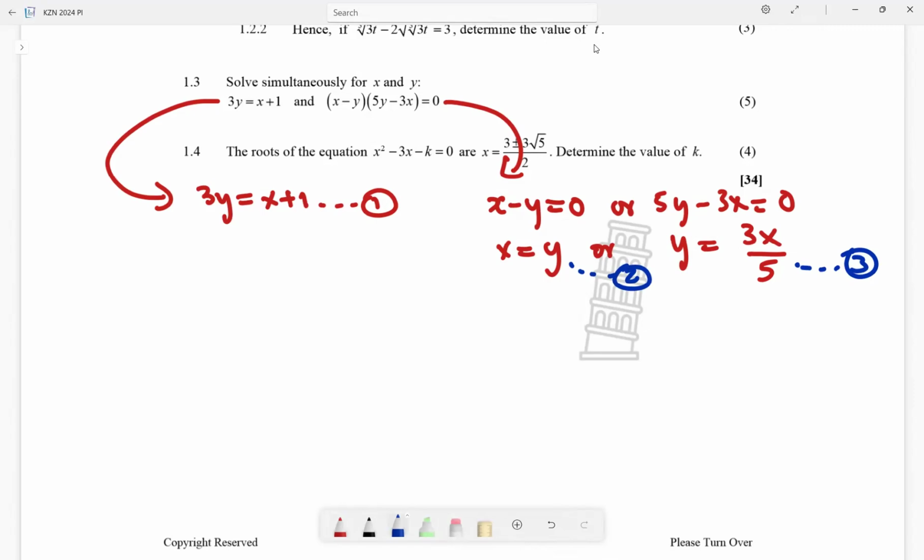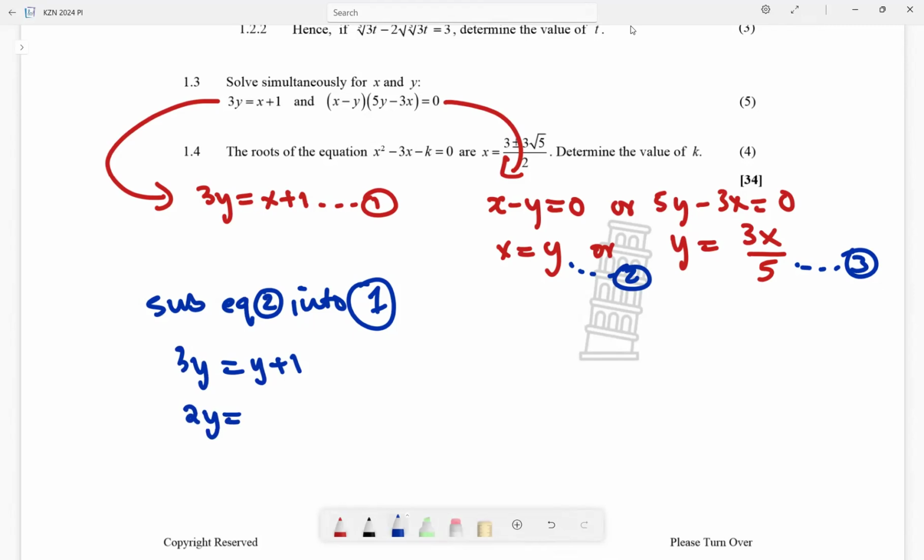What I can do is take equation 2 into equation 1. When I do that, x is equal to y, so where I see x, I substitute y. It will be 3y equal to y plus 1. Then I get 2y equal to 1, so y is equal to positive half.